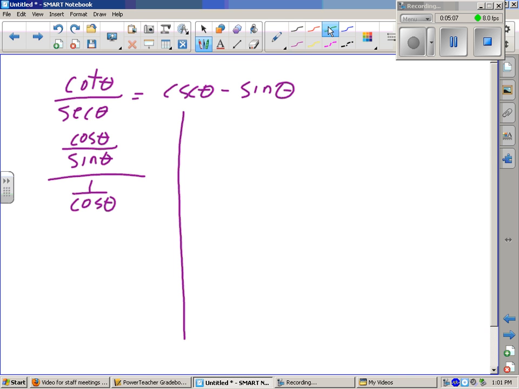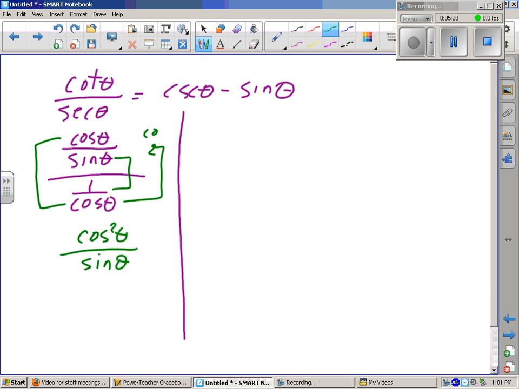Have you heard of outer outer over inner inner? The two outside pieces make cosine squared, and the two inside pieces make sine. That's how you simplify a fraction over a fraction. Or you can invert and multiply: the 1 over cosine becomes cosine over 1, and multiply straight across. You get the same thing. Outer outer over inner inner is just more fun to say.